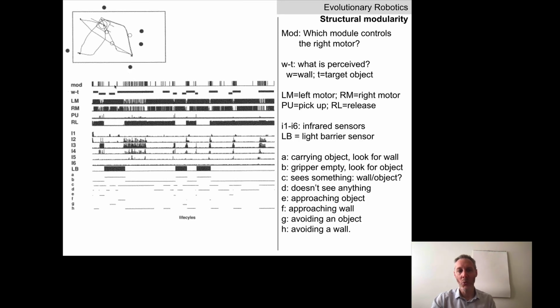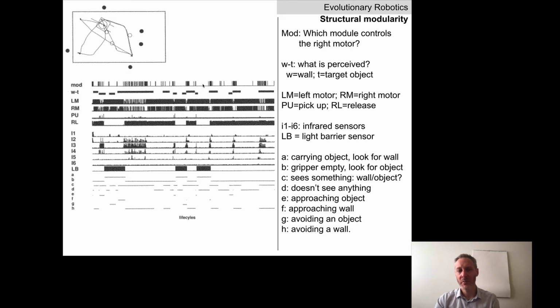This is reporting when the robot is switching from allowing one module to control the right wheel, and then the other neural module being allowed to control the right wheel. Okay. So if you look at the black stretches here, this is one neural module controlling the right wheel. The white stretches in here represent periods of time during which the other neural module is controlling the right wheel.